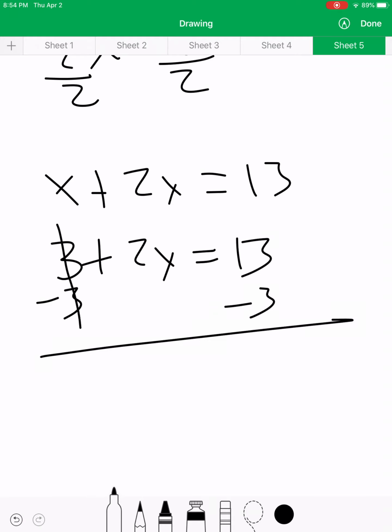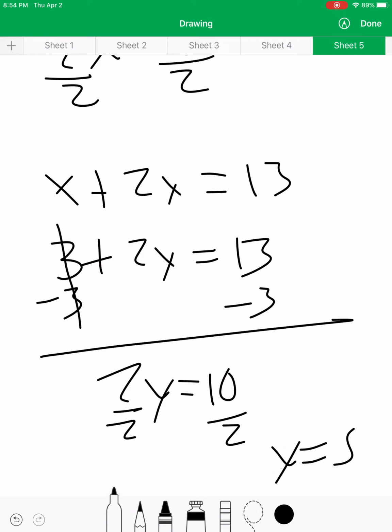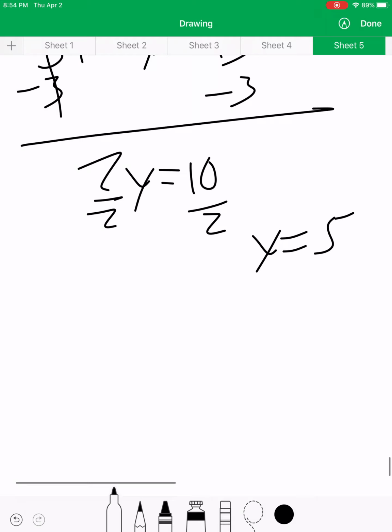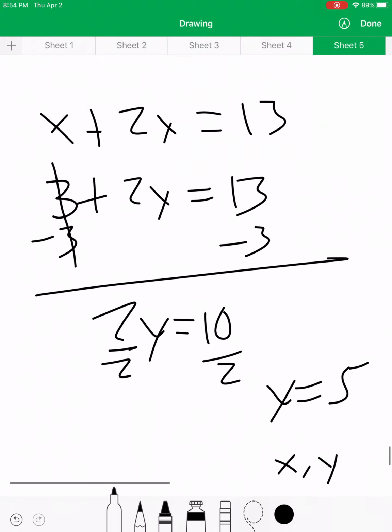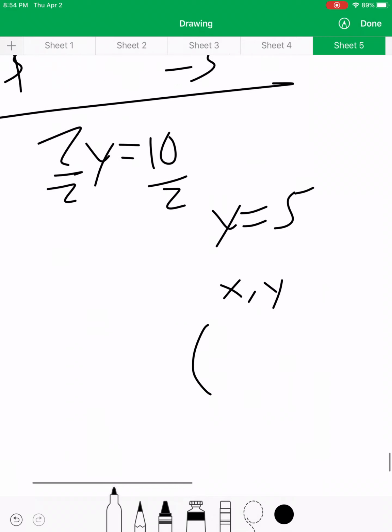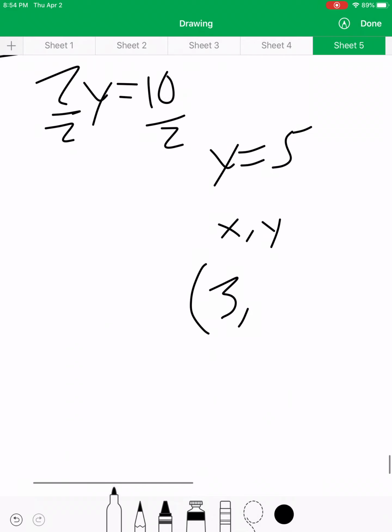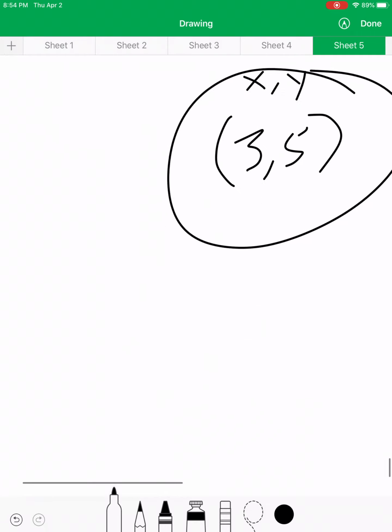The only way to move a positive 3 is subtract it. 2y therefore equals 10. Divide by 2, divide by 2. Y therefore equals 5. Our final answer is always an ordered pair, x, y format. For x, my answer was 3, and for y, it was 5. So final answer, 3, 5.